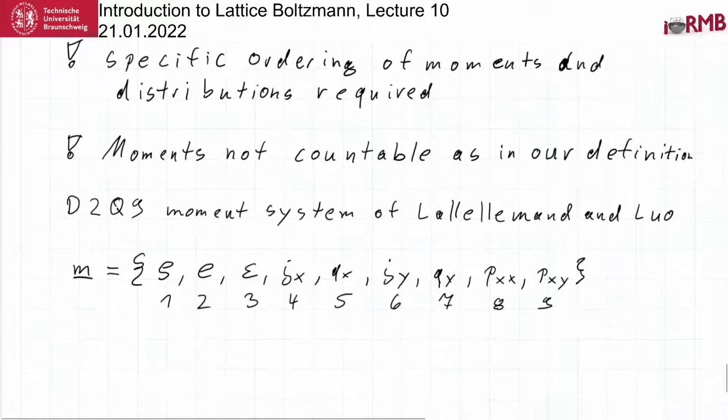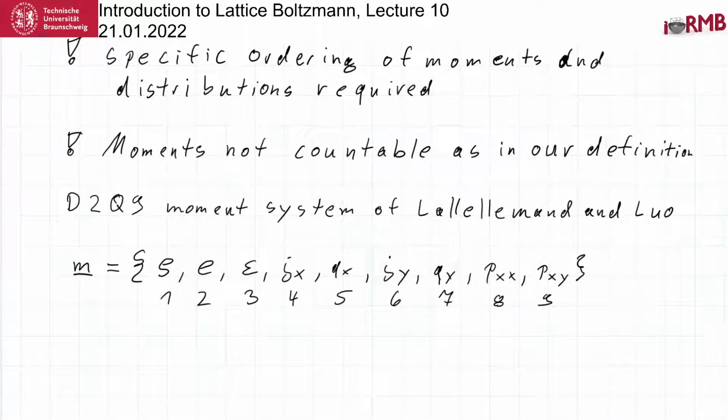Okay, instead of writing down the matrix, which you can do as an exercise, I give you the definition in our countable moments. So this is of course now just a linear transformation.